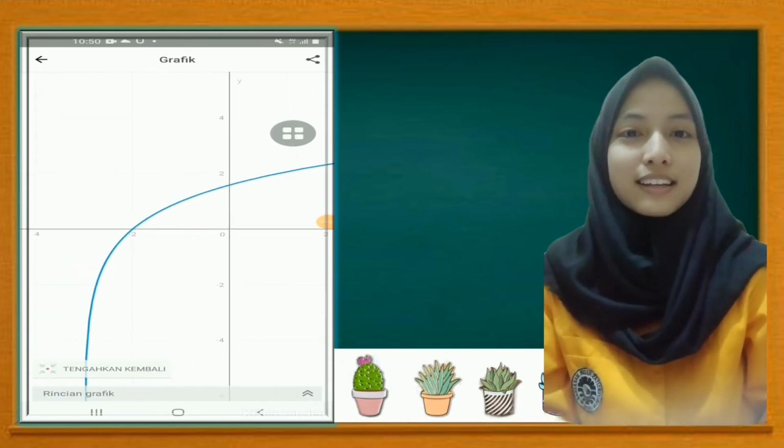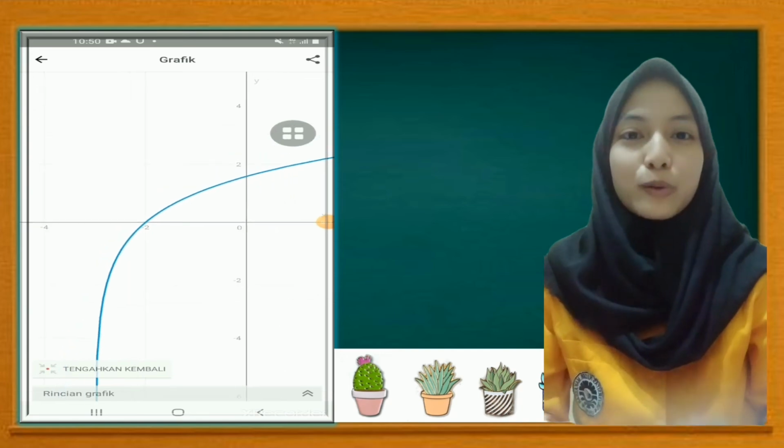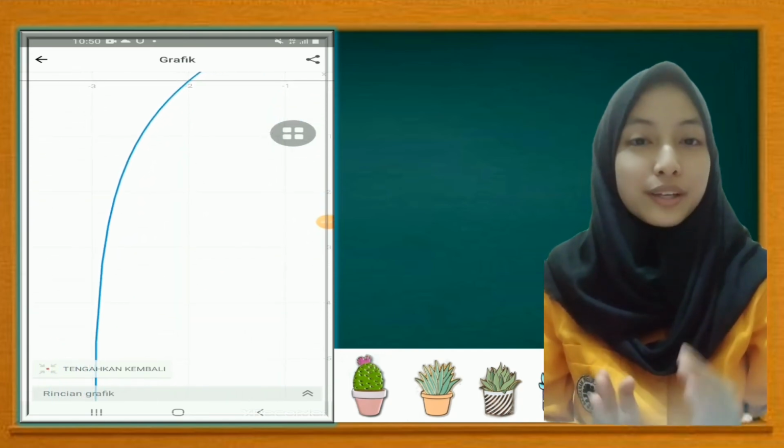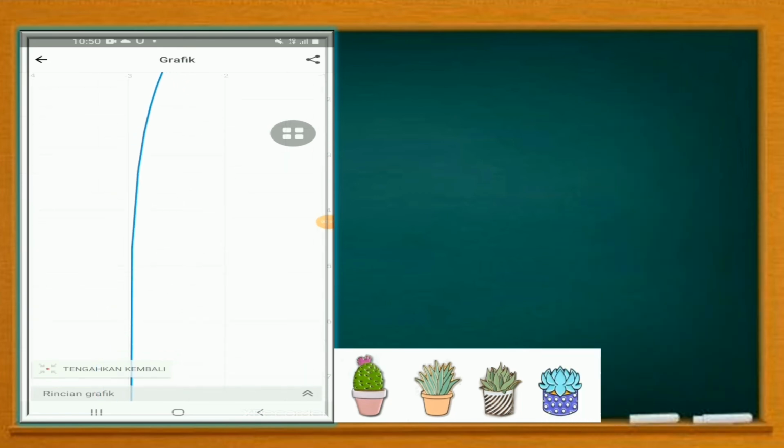It appears that the graph we obtain is the same as the graph that we graphed before.